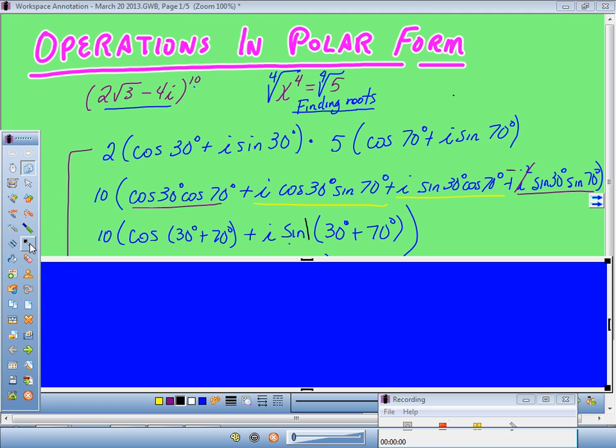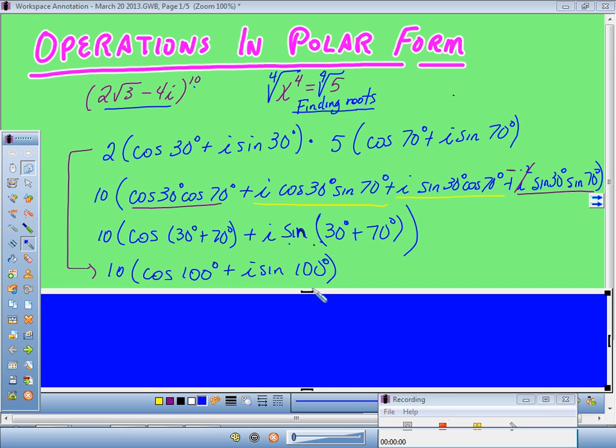So I am going to do the sine of A plus B here instead of having to write out all those terms. Consequently, when you simplify this answer, you're really only adding those angles, and they both conveniently turn out to be 100. So I am back to an answer in polar form. I have 10 times the cosine of 100 degrees plus i sine of 100 degrees.